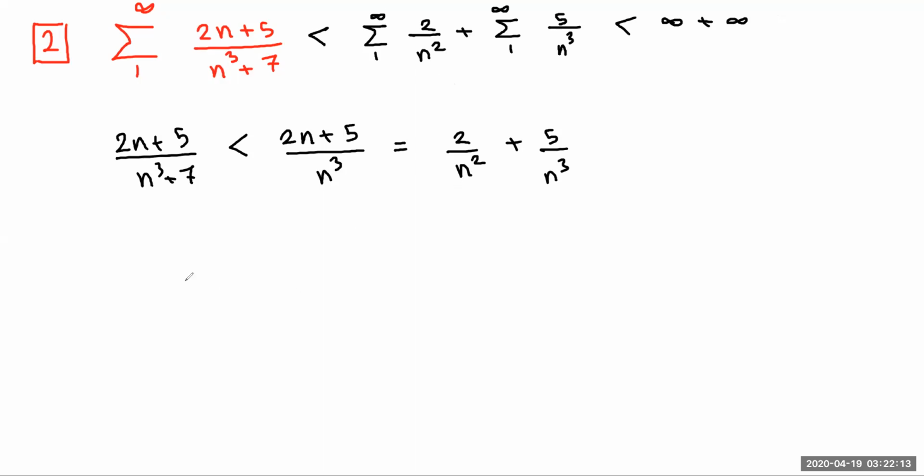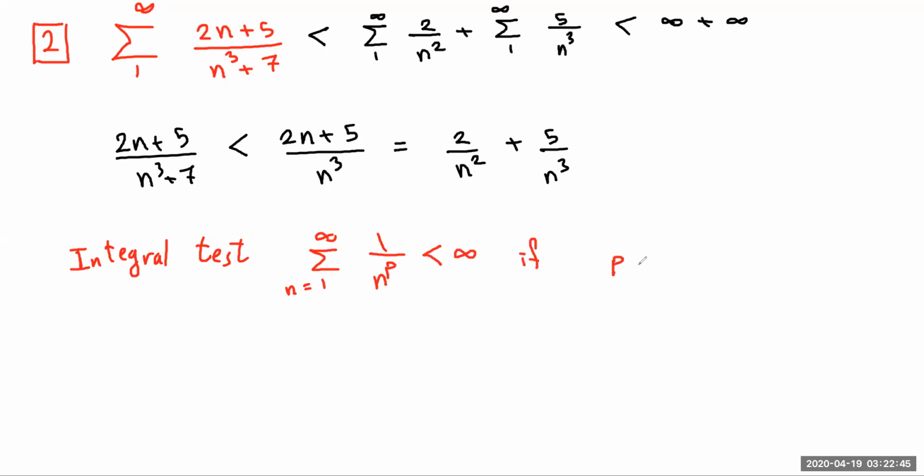Why? Because remember the rule of the first test, the integral test. From the integral test, you know that sigma 1 over n power p, from n from 1 to infinity, the answer will be less than infinity, it converges, if the number p is greater than 1.